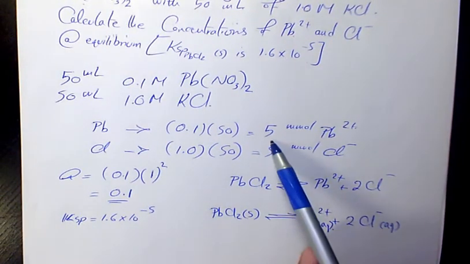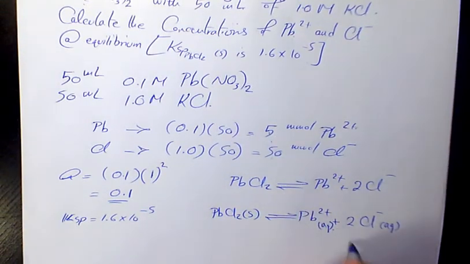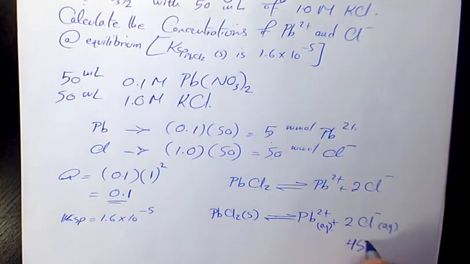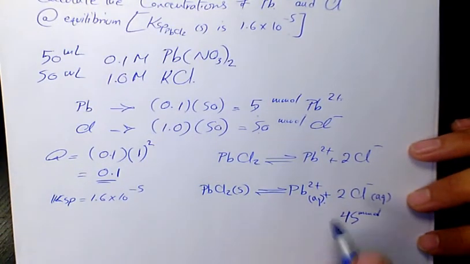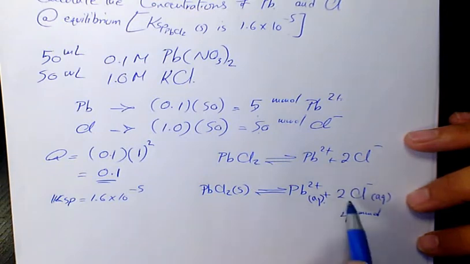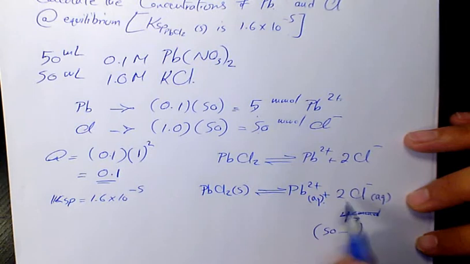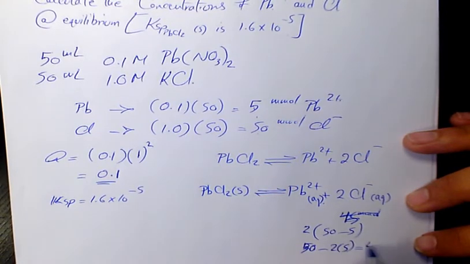When they react, actually it's going to be 50 minus 5, let's put it this way, 50 minus 2 times 5, which is going to be 40.